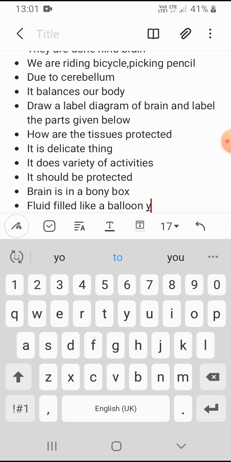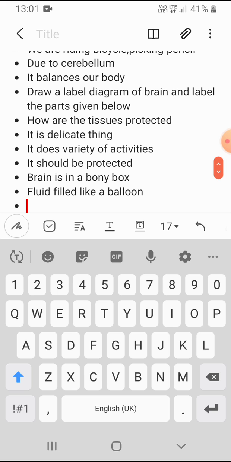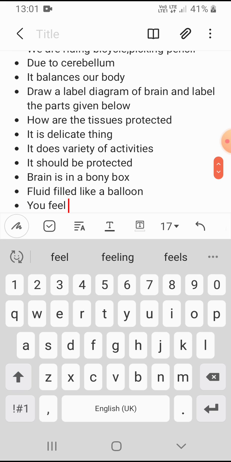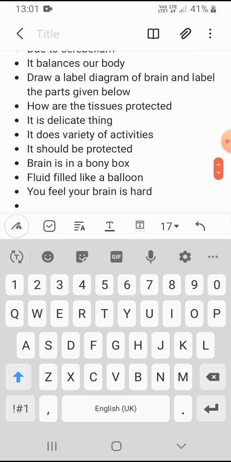You feel your brain is hard due to the skull, which is also called the cranium. So the brain is protected by the skull or the cranium, which is like a bony box.